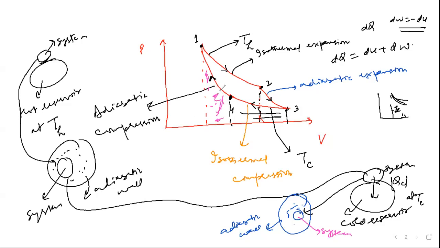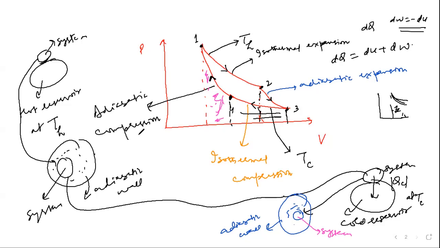The area under the curve, and the temperature of the gas increases. In adiabatic expansion, temperature decreases, and in adiabatic compression, the temperature of the gas increases until it becomes the temperature of the hot reservoir, right? So at 0.1, the cycle gets completed.